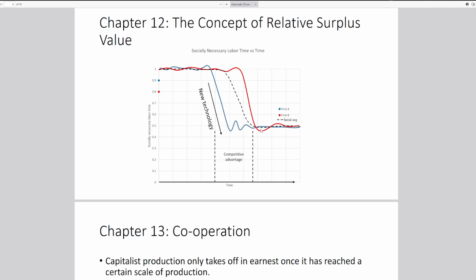But this same effect of reducing the socially necessary labor time for different products does have kickbacks on ultimately cheapening your labor force by making everything they need to survive more affordable.